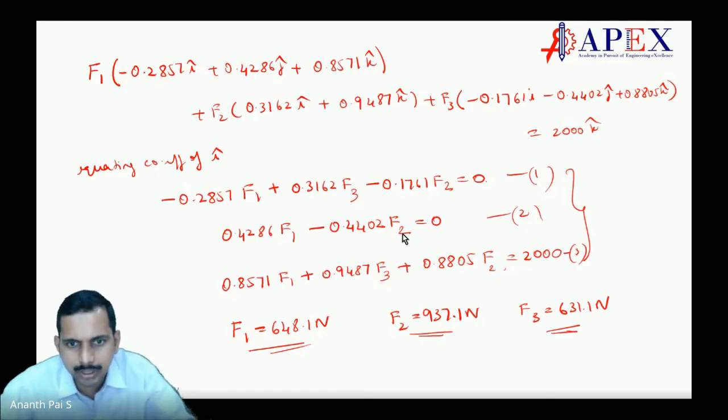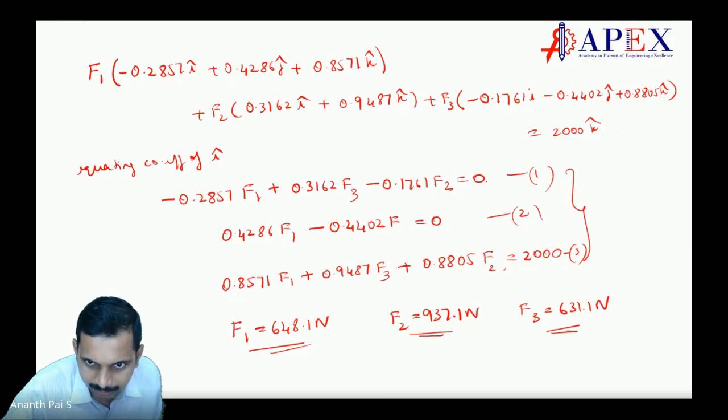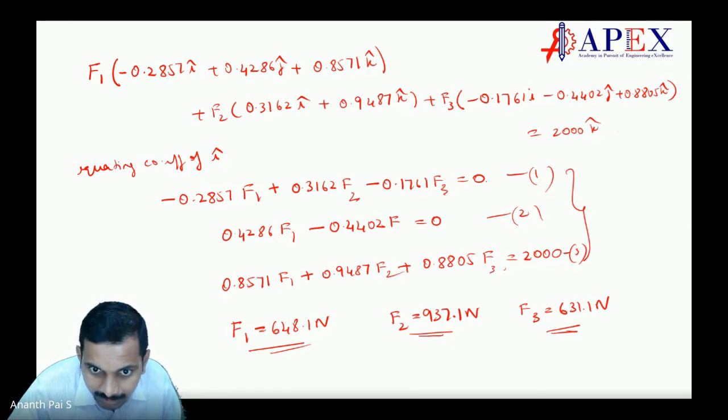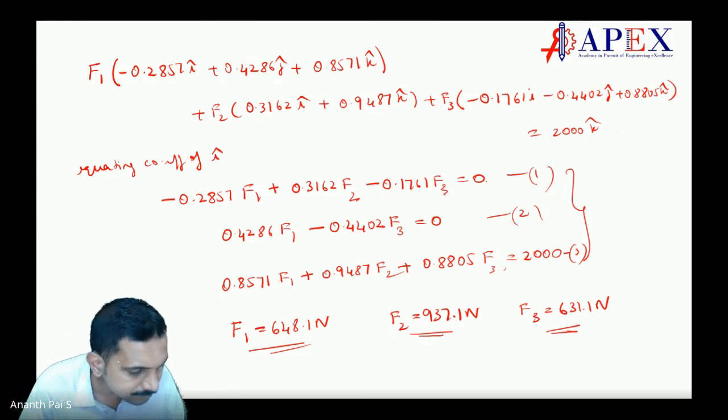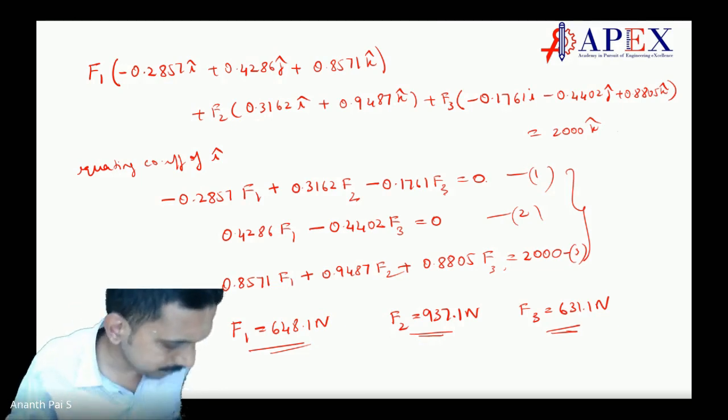Sir, I got F1 328.86. Yeah, so answers are coming. The problem is over here. This is F2 only. This is F3 only. Answers are coming, but it's getting interchanged. Is it? Let us check it out. Sir, in the main equation, F2 into CB, right, sir?